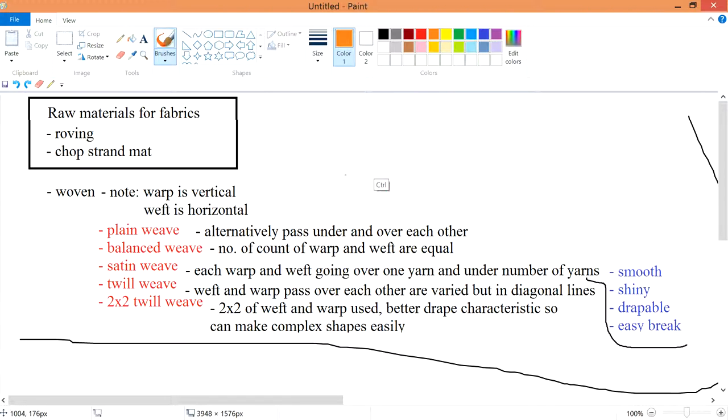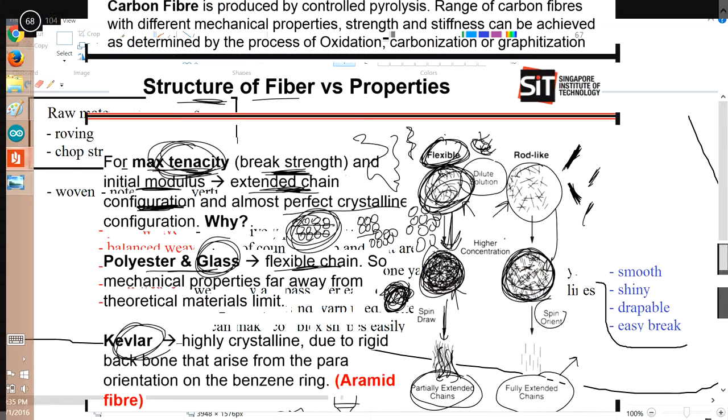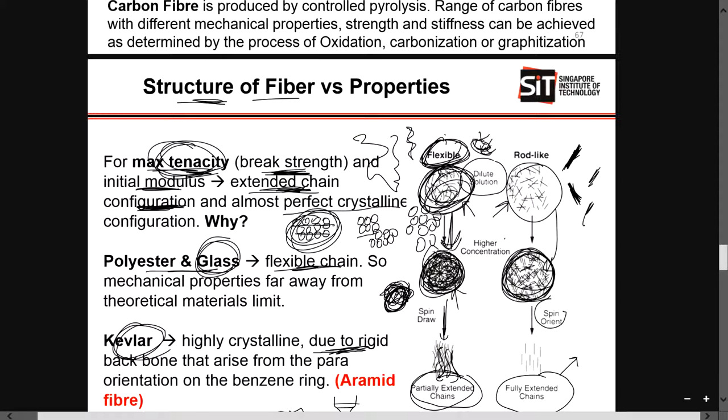So definitely I would think that Kevlar will be a bit tough because the Kevlar fibers are quite stiff. If you remember, Kevlar is quite a rigid system. It's a rod-like material. Unlike the glass fibers, they are quite flexible.